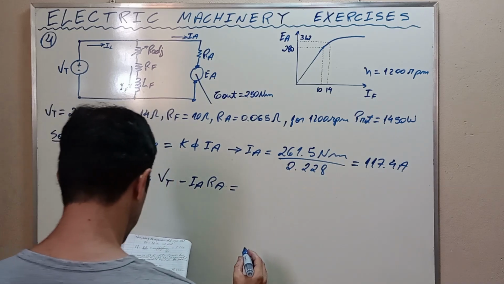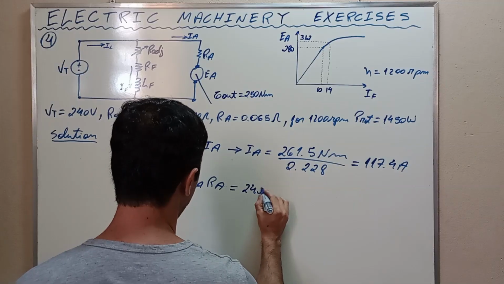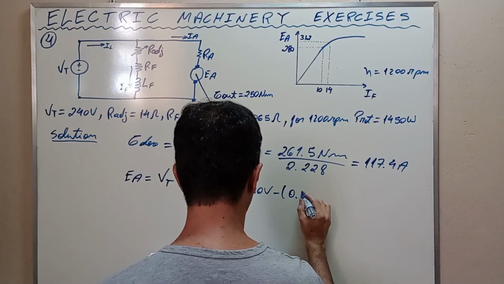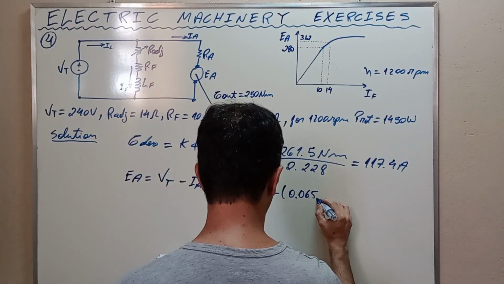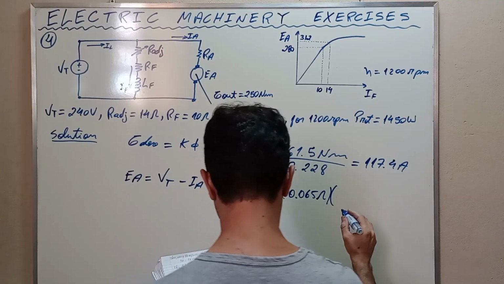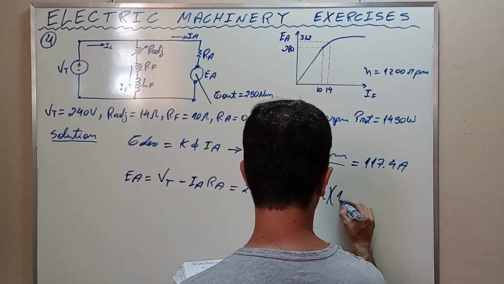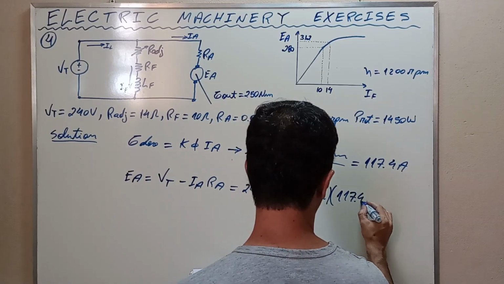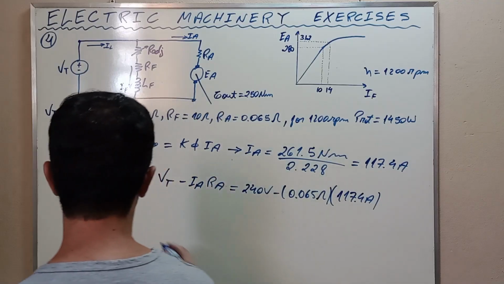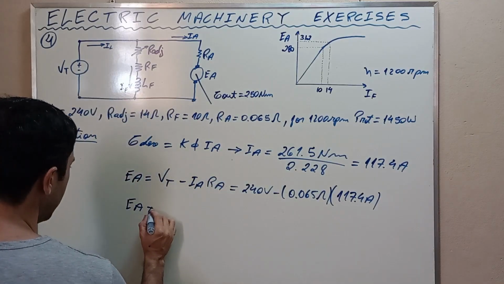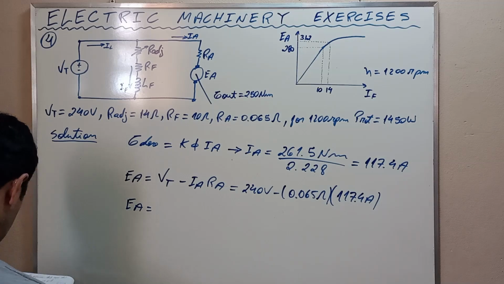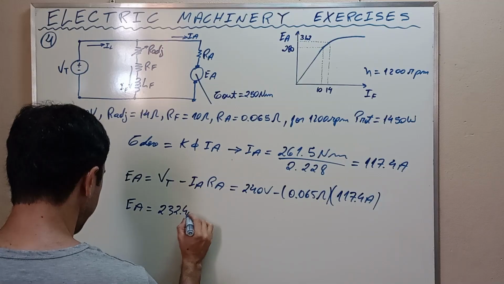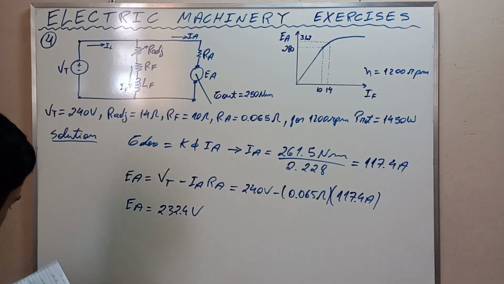The terminal voltage is equal to 240 volts minus RA equal to 0.065 ohms times the current we just calculated, 117.4 amps, and then the induced voltage, the voltage on the armature, is equal to 232.4 volts.